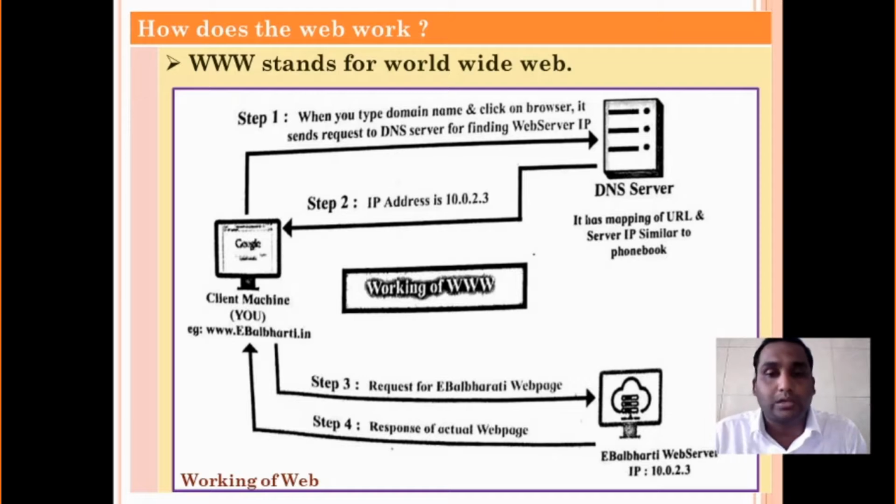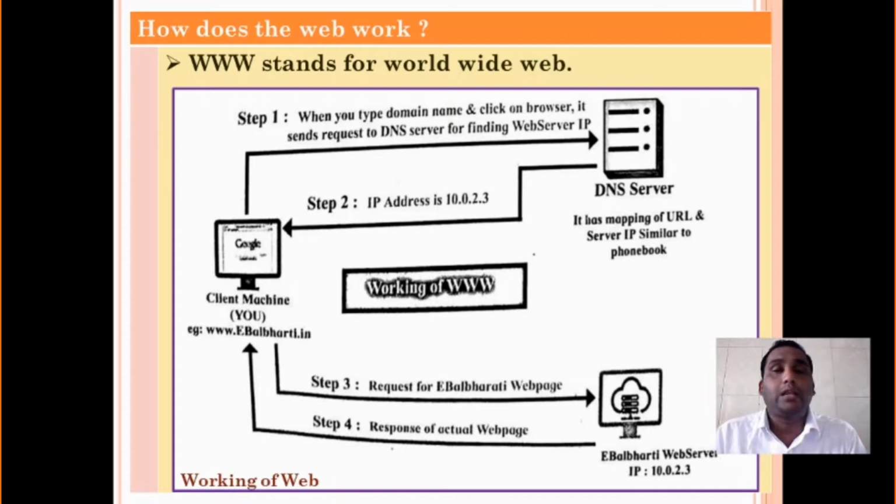How does it work? Working of WWW is what we are going to understand through this slide. For that, we need to understand the DNS server. DNS stands for domain naming server, whereby all the URLs are mapped like a phone book.